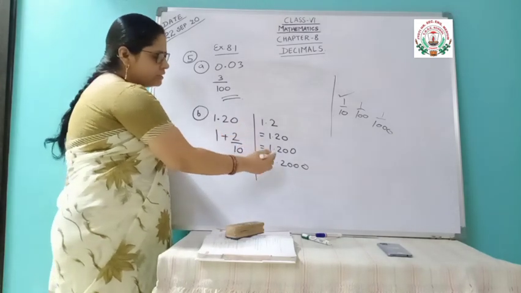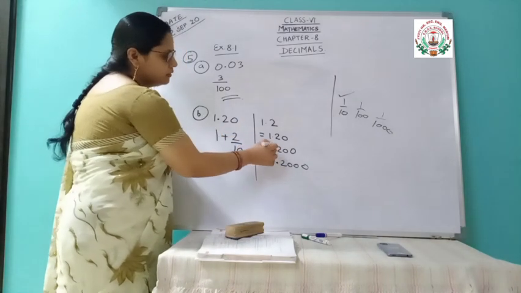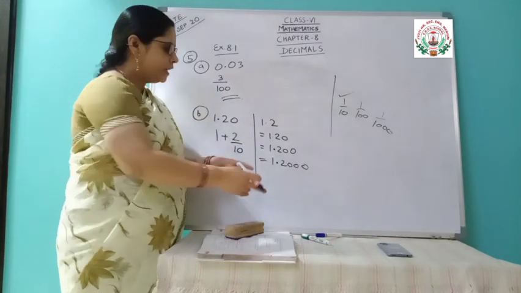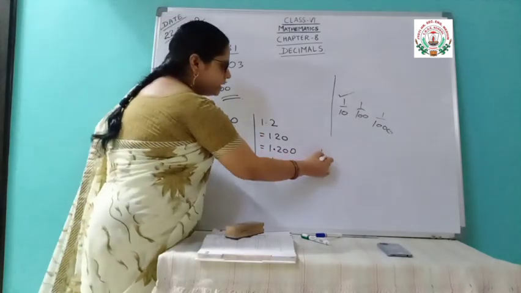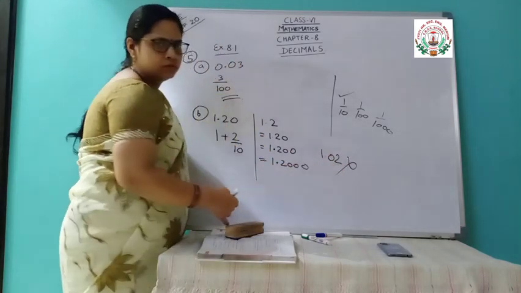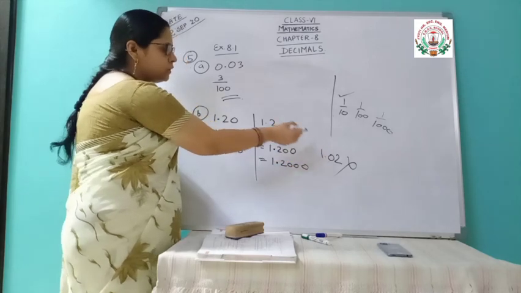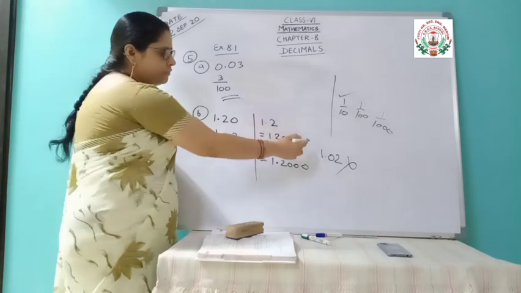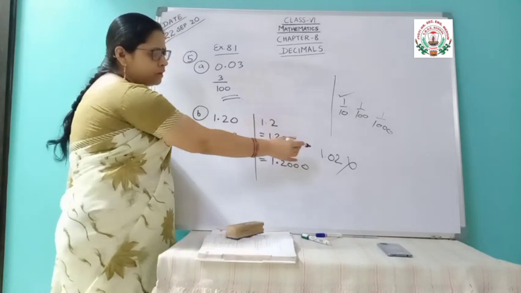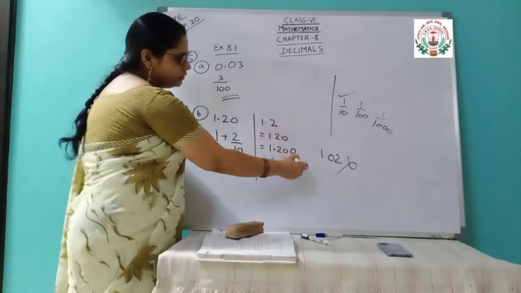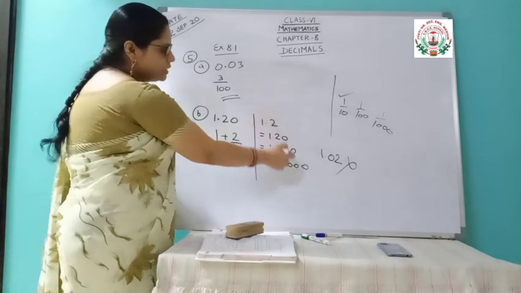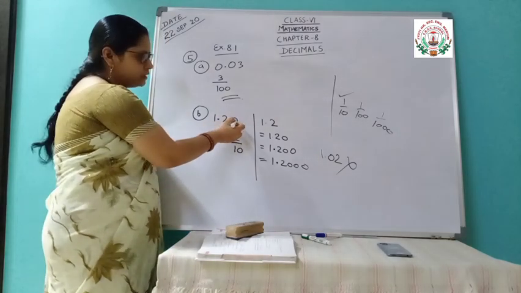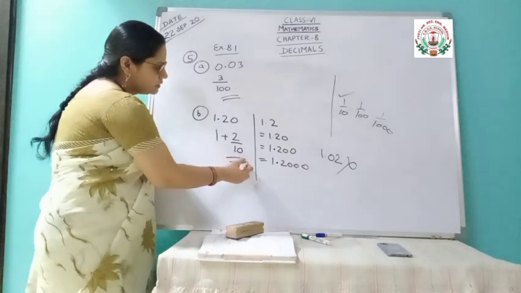Once the decimal has been written, after the digit you can put as many zeros as you want. In between you can't put. If you write it as 1.02, it is wrong. You cannot include the 0 in between. Afterwards you can write as many zeros as you want. So this difference is clear. So these all are equal. So first digit is by 10 and second digit is 0, so no need to write that. So this is the answer.